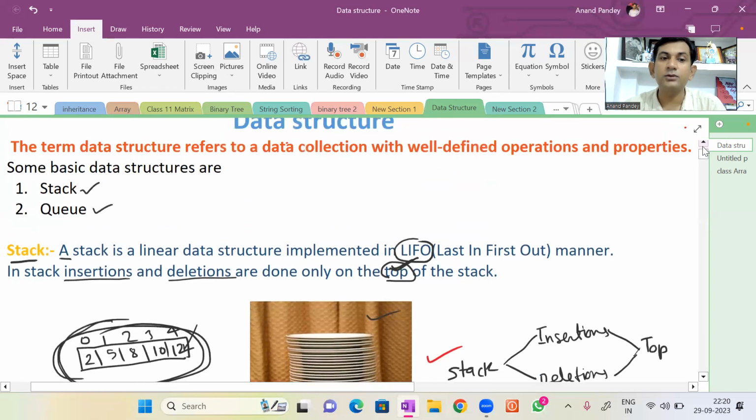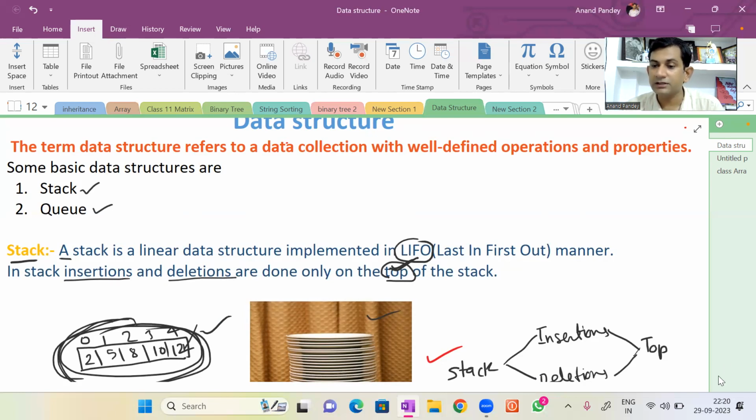Okay, now coming back to the definition of data structure, as I promised you that each and every line of this definition will be clear to you. So I'm going to make it clear now. See, the term data structure refers to data collection, with well-defined operations. How many operations do we have for each data structure?